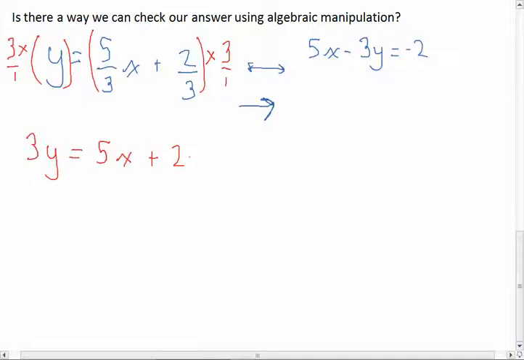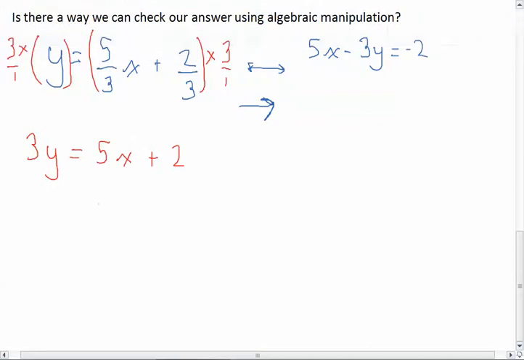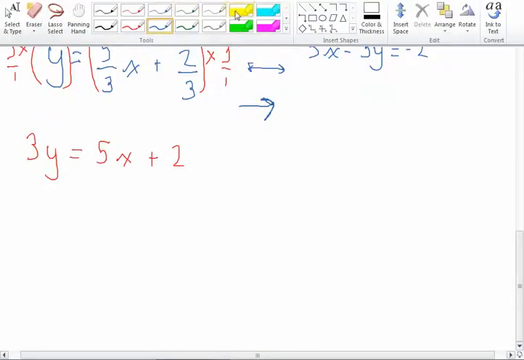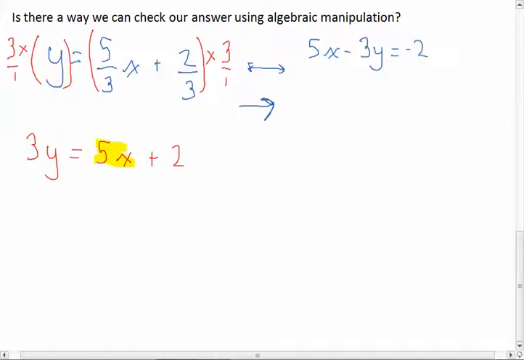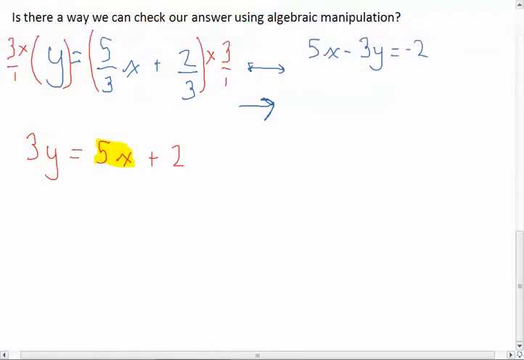Okay? So now, what's the difference between this guy and this guy? Well, on this one, the x's and y's are both on the same side. So what can I do to get rid of this 5x? I need to get rid of this entire term. Well, remember, to get rid of an entire term, you add or subtract. I'm going to take away 5x.